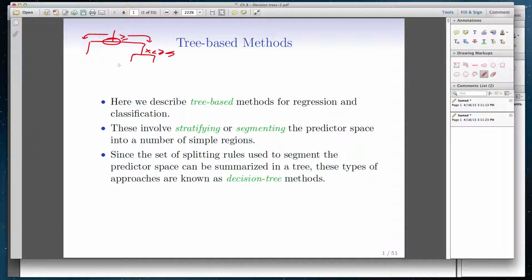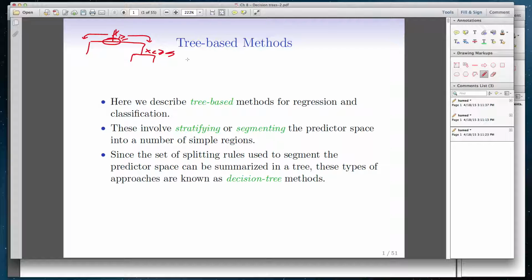So the idea of finding decision trees here is almost the same thing, with the difference that we have to find where to divide our space into different subspaces.